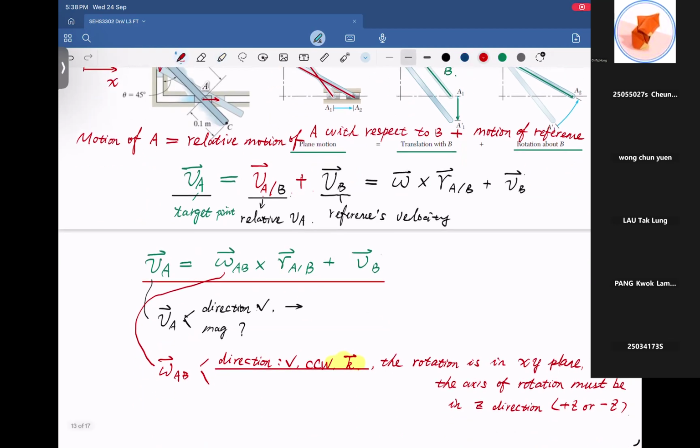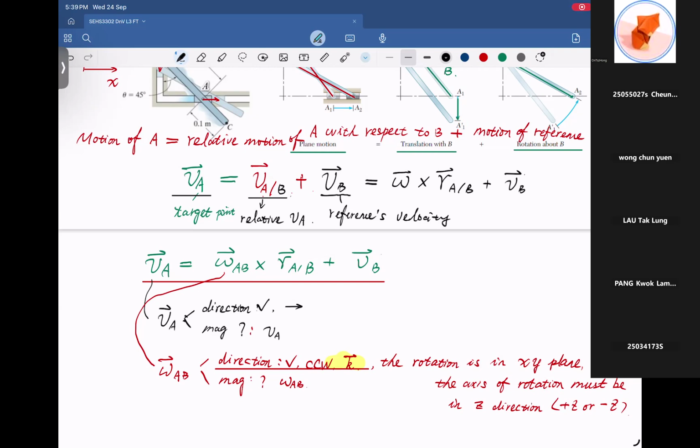Okay, so for the magnitude, it is not given. We can assume it is omega AB. And for the VA, we do not know the magnitude, and we can assume it is VA, the scalar.